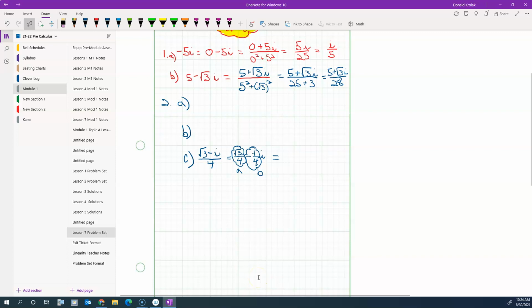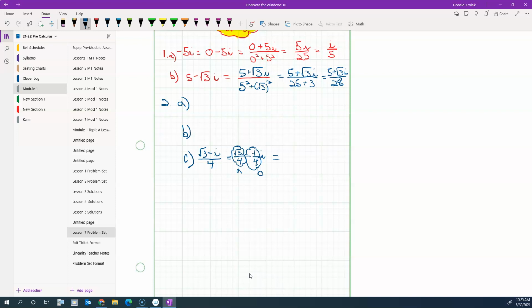Okay, so what do you think that would end up looking like? What would be the conjugate?